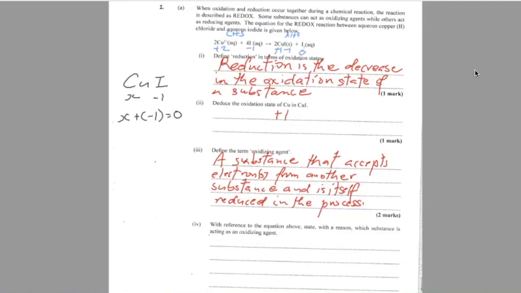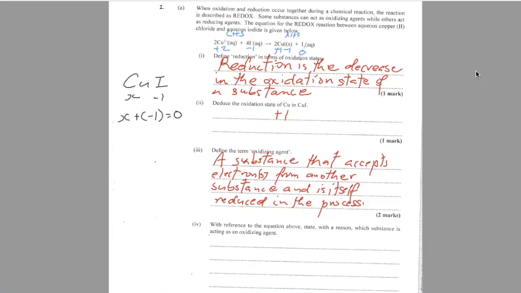So in moving from the left to the right, we realize that only one species would have seen a reduction or a decrease in the oxidation state, and that is the Cu2+ ions. Its oxidation state decreased from +2 to +1. So that means the Cu2+ is our oxidizing agent.